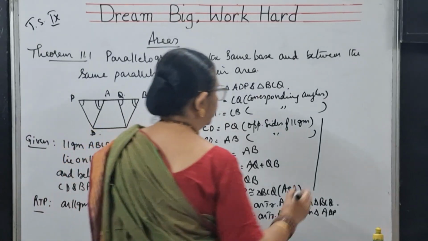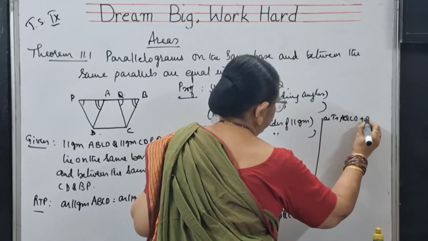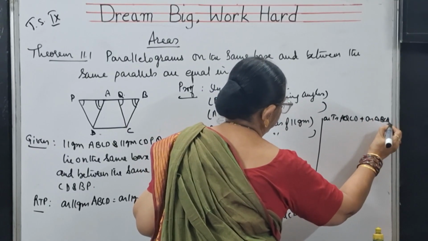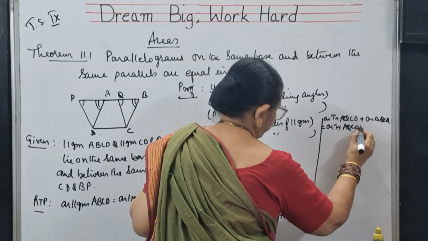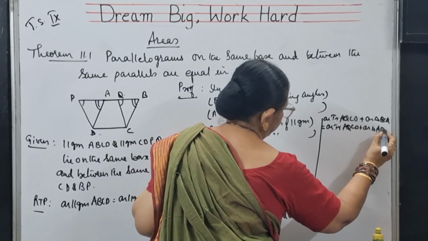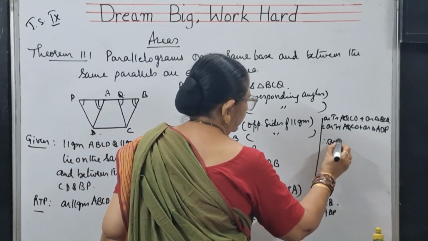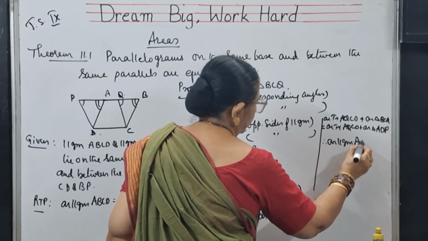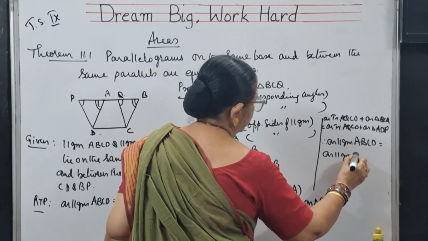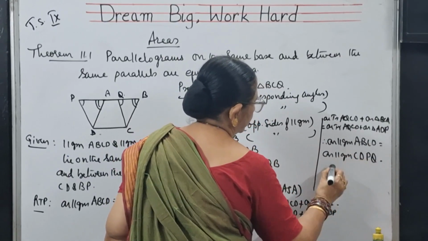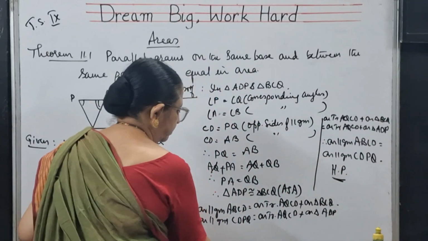Area of trapezium AQCD plus area of triangle BCQ is equal to area of trapezium AQCD plus area of triangle ADP. Therefore, area of parallelogram ABCD is equal to area of parallelogram CDPQ. Hence proved. This is the proof for this theorem, children.